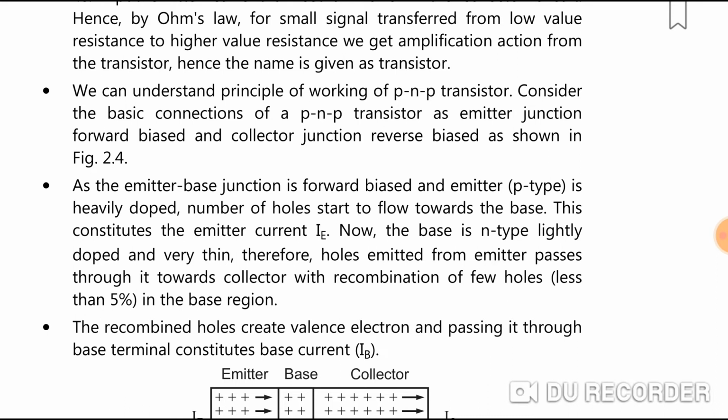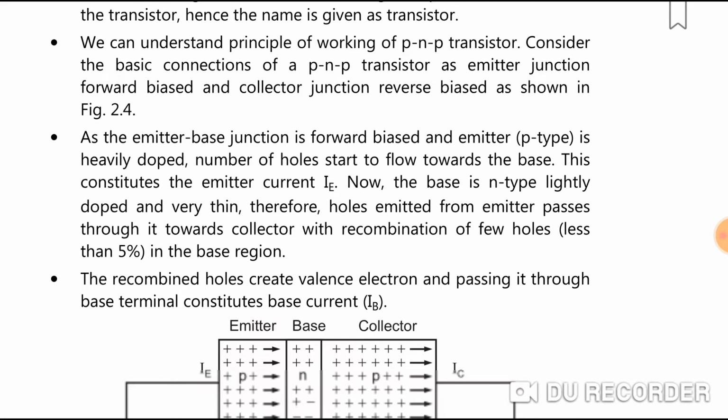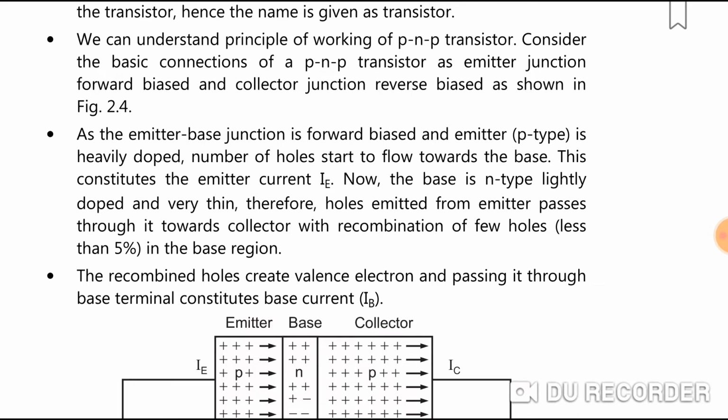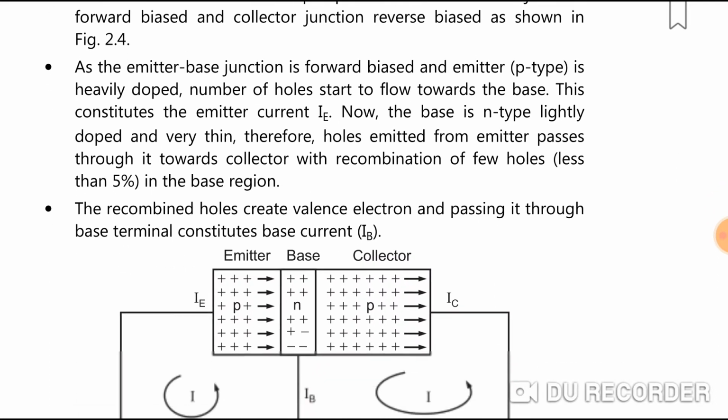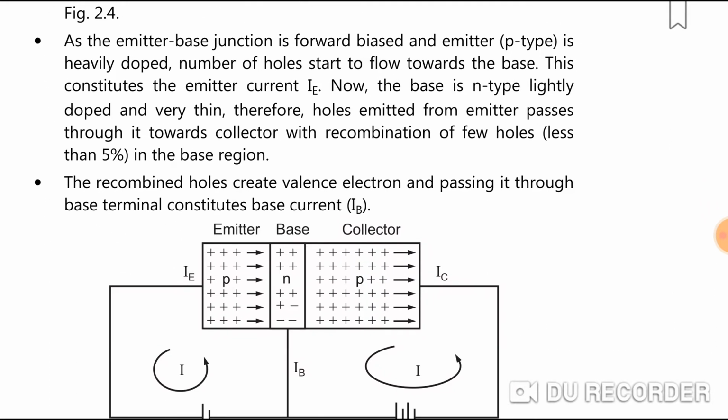Now we can understand the principle of working of a PNP transistor. Consider the basic connections of a PNP transistor with the emitter junction forward biased and the collector junction reverse biased, as shown in the figure. As the emitter-base junction is forward biased and the emitter P-type is heavily doped, a number of holes start to flow toward the base.